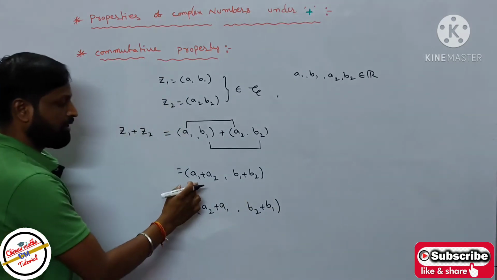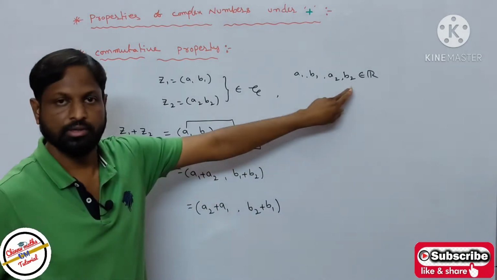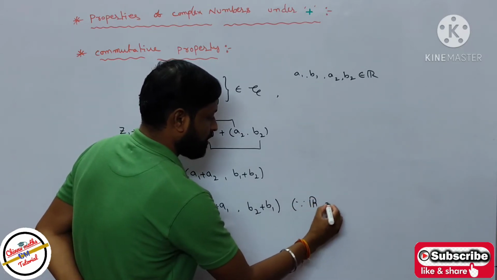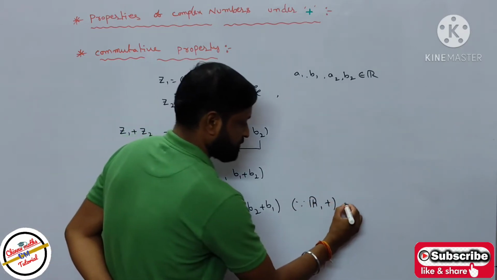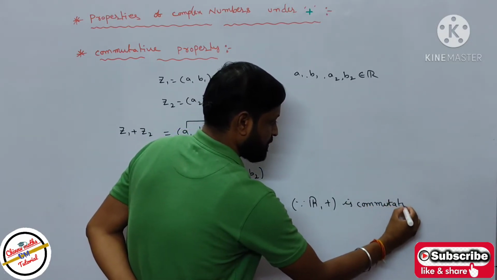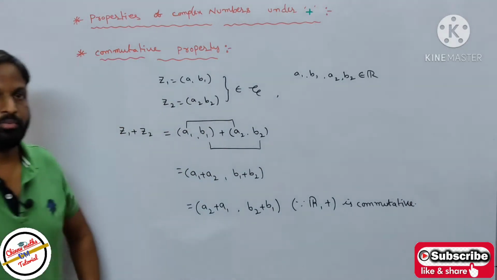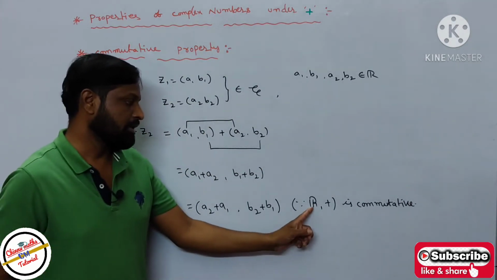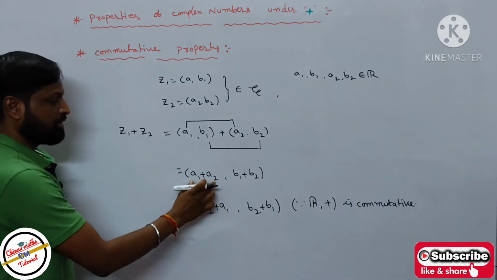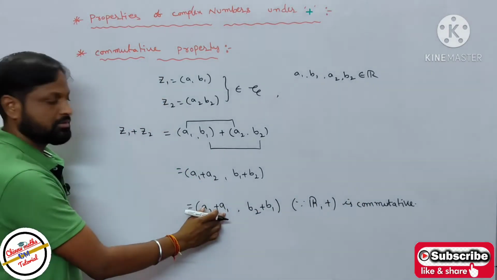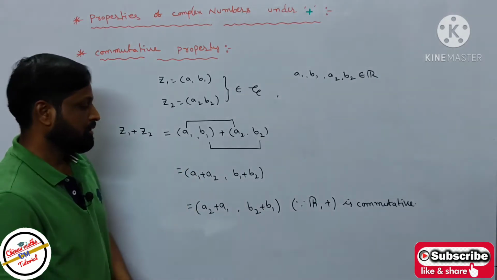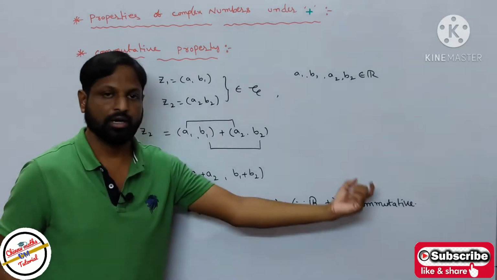Because a1, a2, b1, b2 belong to the real numbers, and in the real numbers, R plus satisfies the commutative property. According to the properties of real numbers, R plus is commutative. So that means a1 plus a2 is equivalent to a2 plus a1, and that is why b1 plus b2 can be written as b2 plus b1, because R plus is commutative.